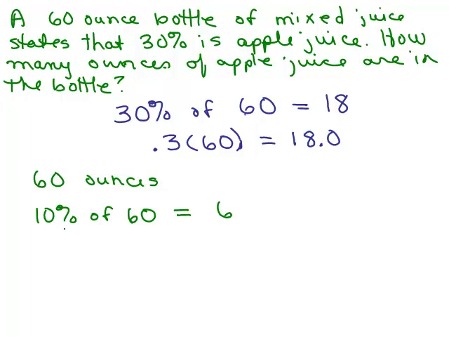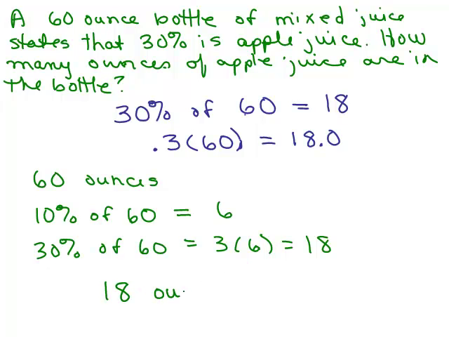So if that's 10%, 30% would be 3 times that. Or it would be 10% plus another 10% plus another 10%. So you add 6, 6, and 6, which is 3 times 6. So if 10% of 60 is 6, then 30% of 60 would be 3 times 6. And you're still going to get 18 ounces.